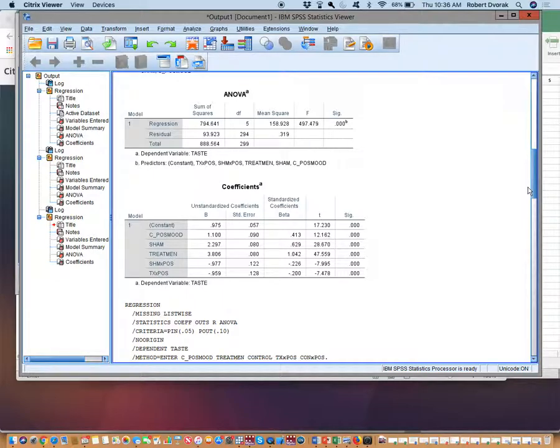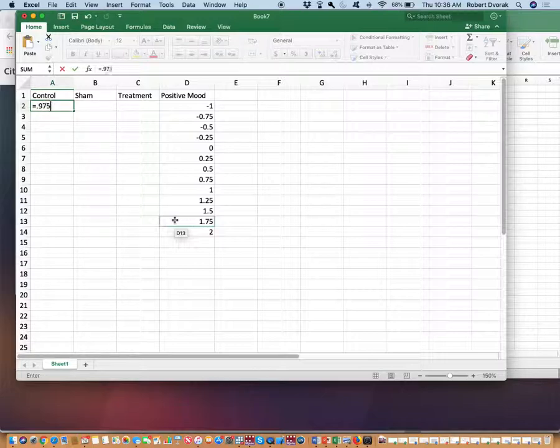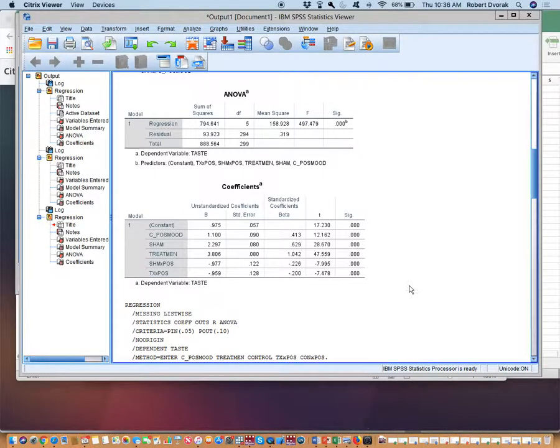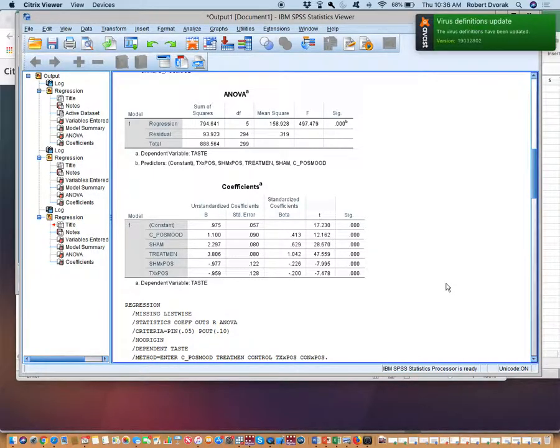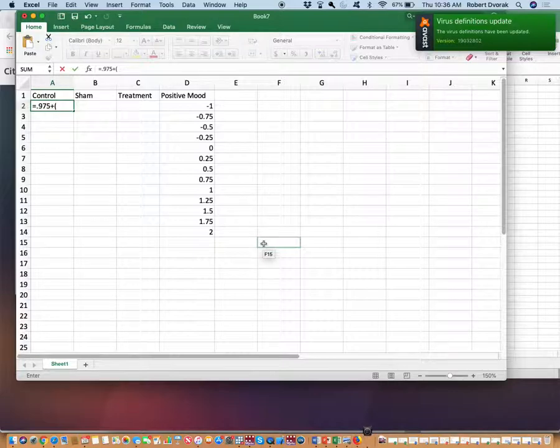Anybody see it? 0.975, perfect. 0.975 plus, we need to add in now our correlation for our control group, which is what? 1.10, perfect.